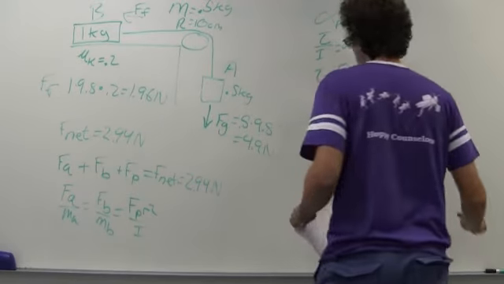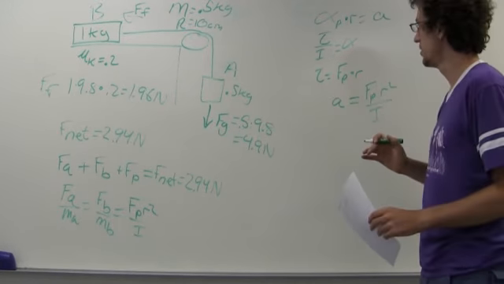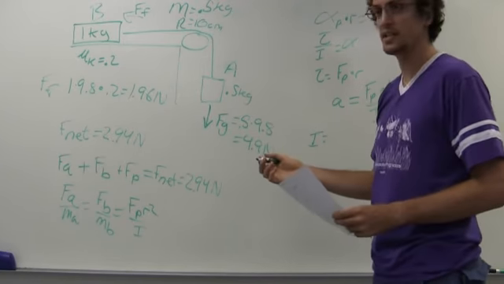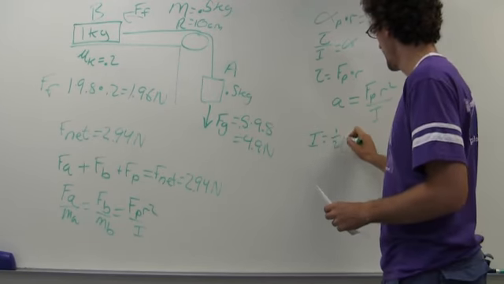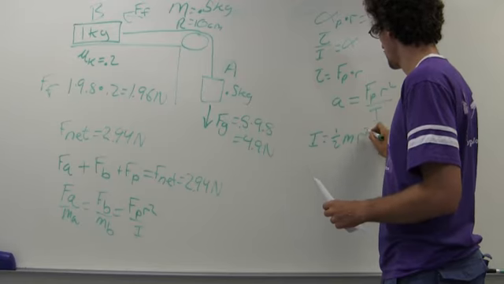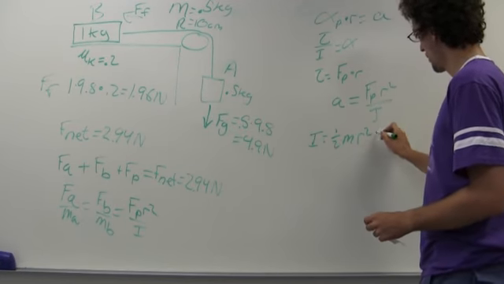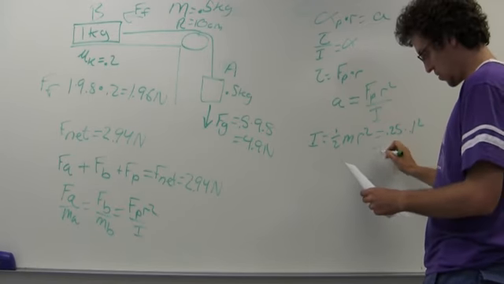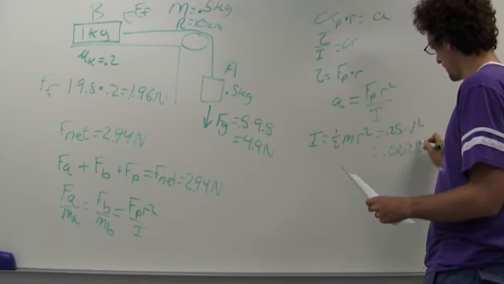Now, at this point we should probably find out what I is. I for a pulley is the same as for a disc, and it's 1/2 m r squared, which is 0.25 times 0.1 squared, or 0.0025.